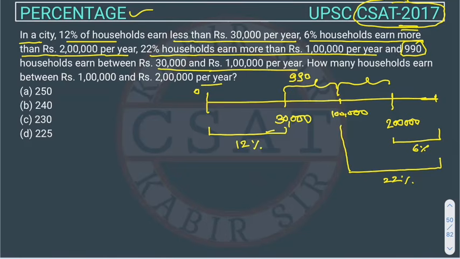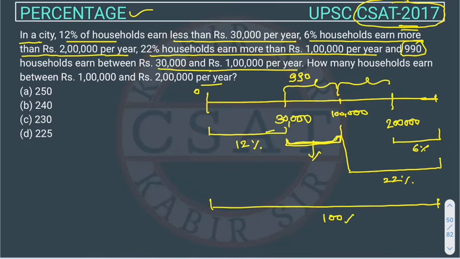So total will be 100%. Okay, and this is given 12% and this is 22%. So what will be this amount? If I want to find out in percentage the people earning between 30,000 and 1 lakh, they have given 990, but in percentage what will it be?